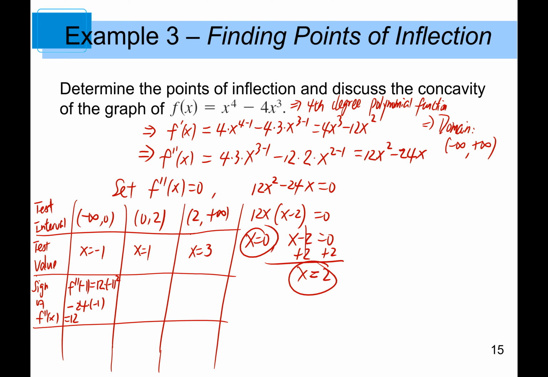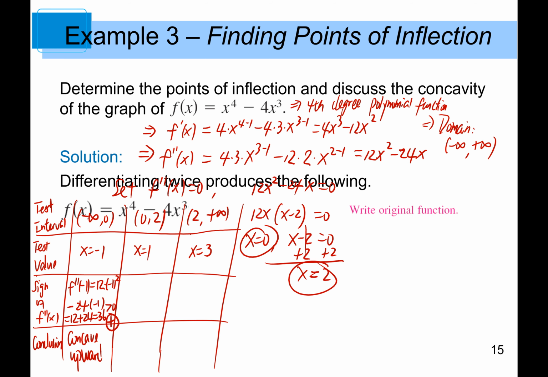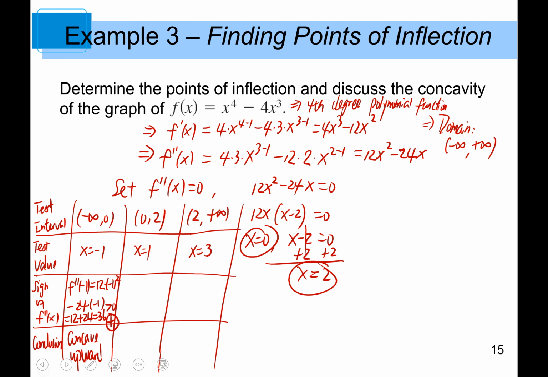It becomes 12 plus 24, which is 36. This is definitely positive, greater than 0. Positive tells us it's concaving upward. The second interval, the test value is 1.